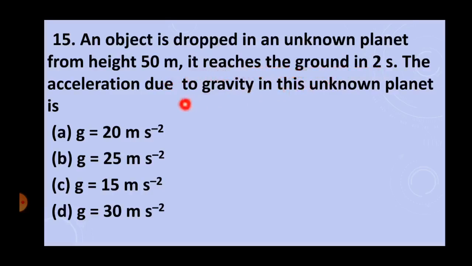The acceleration due to gravity on this unknown planet is? Understand students, on the unknown planet the object is dropped from a height of 50 meters and reaches the ground in 2 seconds. So calculate the acceleration due to gravity.